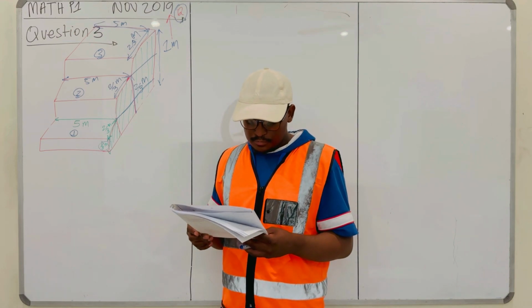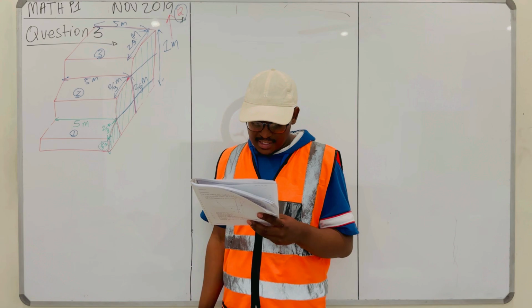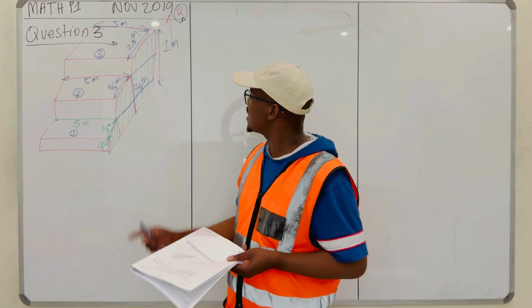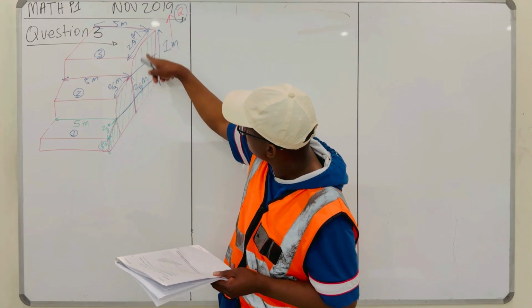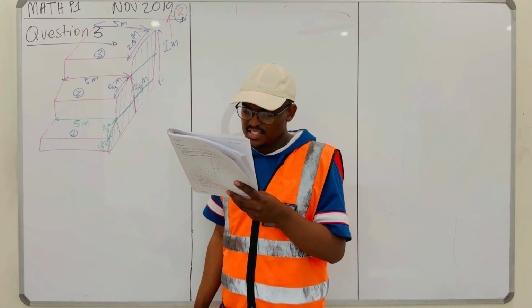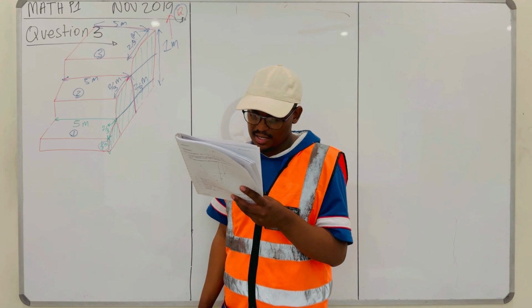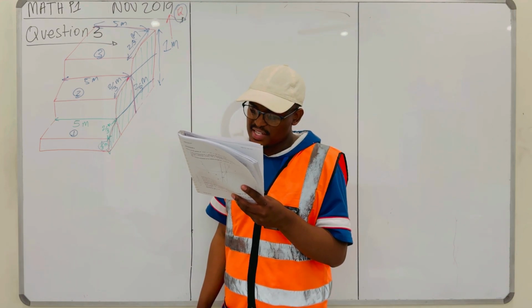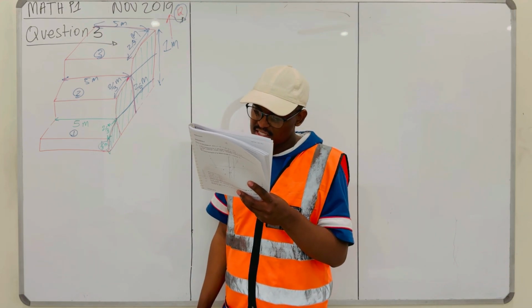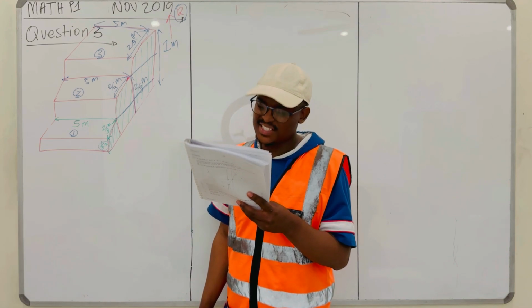So they are saying now, the open side shaded in the sketch, which is the side that I've shaded green here, which is this side. They are saying it's open. The open side shaded on the sketch, each side of the pavilion must be covered with metal sheeting. Calculate the area in square meters of the metal sheeting needed to cover both open sides.